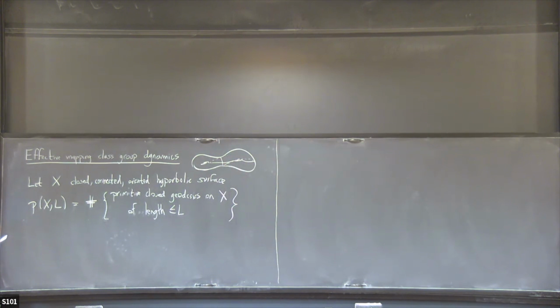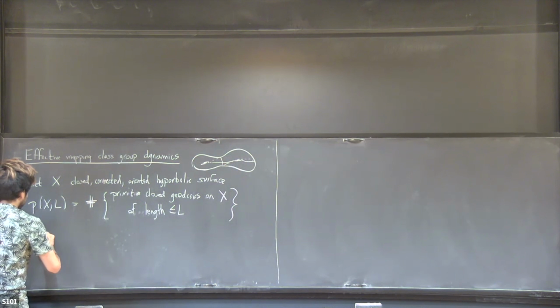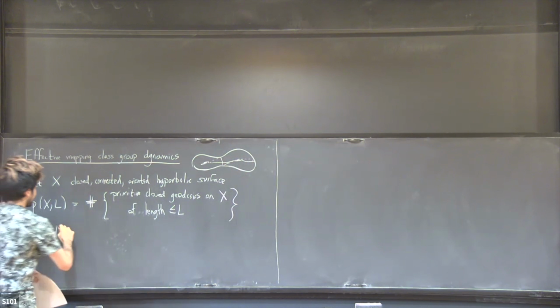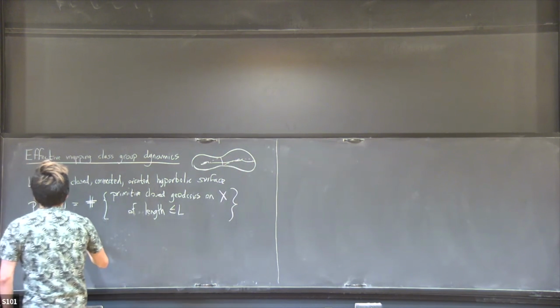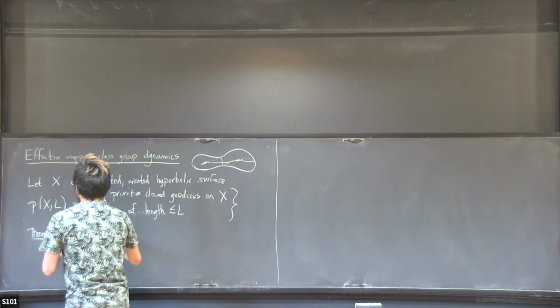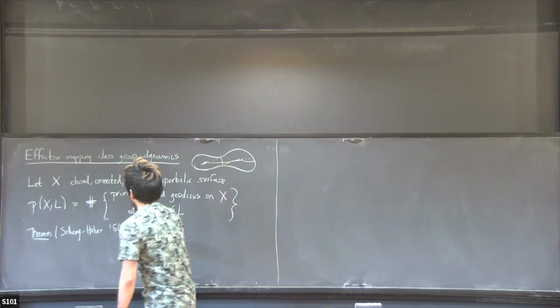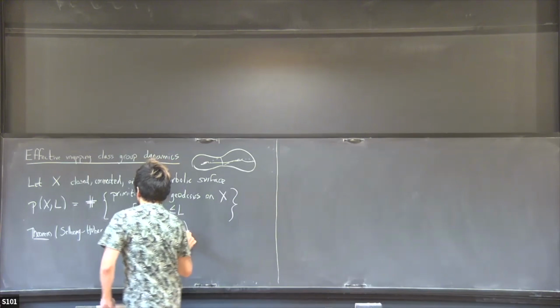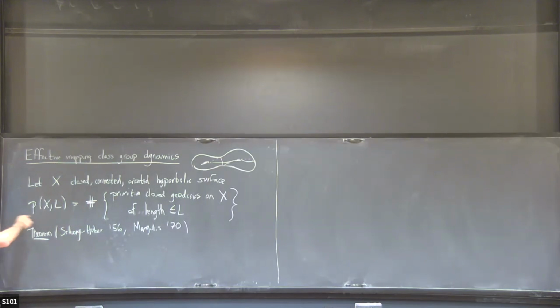So that's the basic goal, and this is a famous theorem of Selberg from '56, and via different methods from Margulis in the 70s. The theorem tells you that you're able to say very much on the nose how this grows.